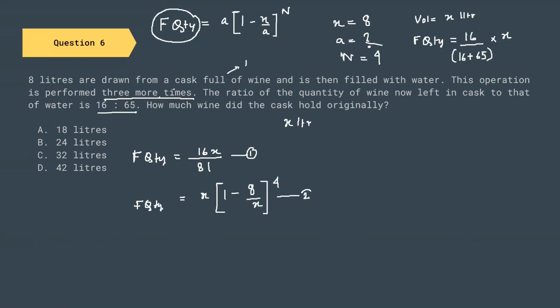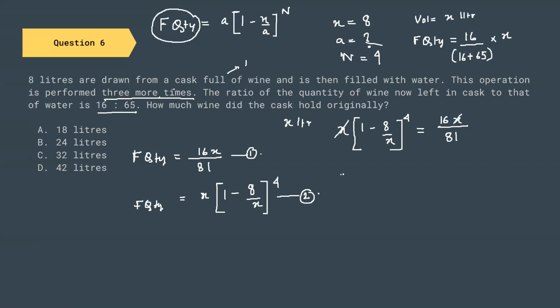This is equation number 2. Equation number 1 expresses your final quantity. Expression number 2 expresses also your final quantity. So we can equate expression number 1 with expression number 2. So we will get x (1 minus 8 by x) to the power 4 is equal to 16x divided by 81.